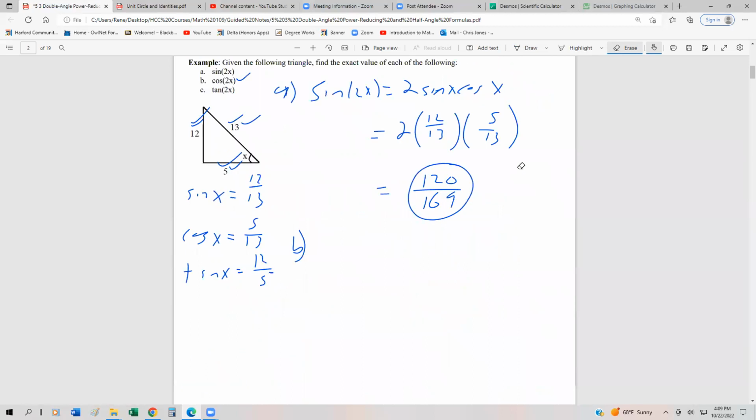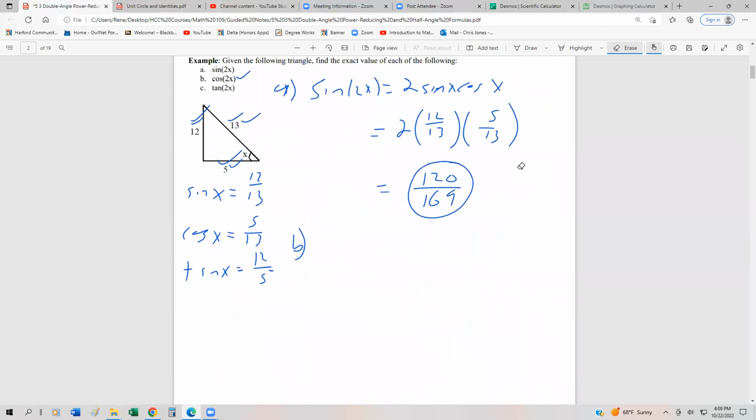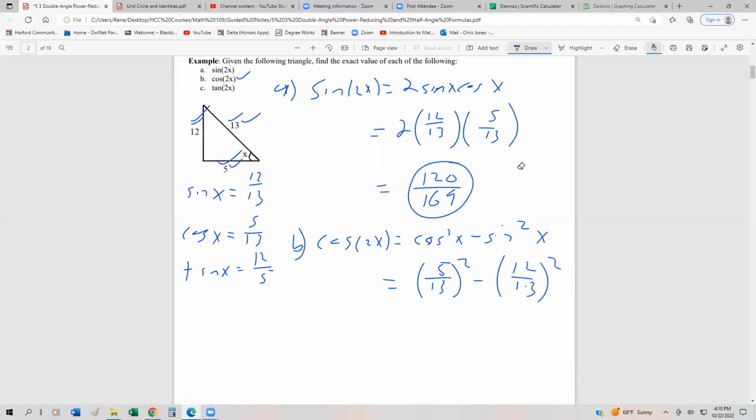Okay? So if I want the cos of 2x, that's the same as cos square x minus sine square of x. Or that's the same thing as 5/13 squared minus 12/13 squared.